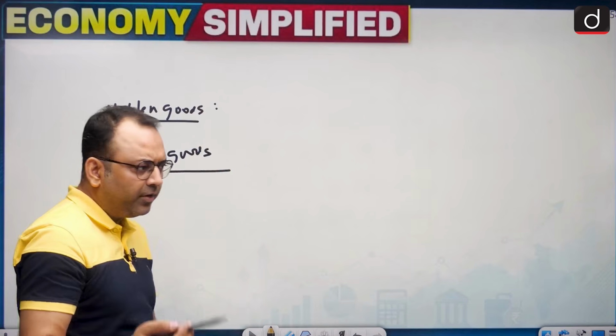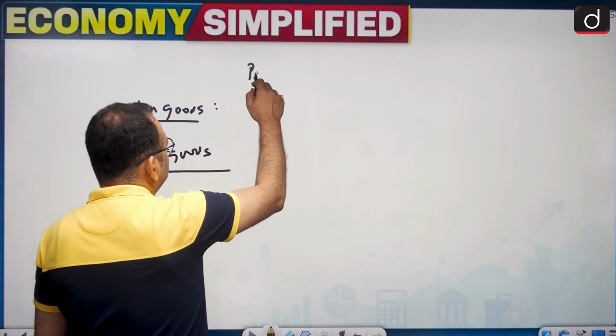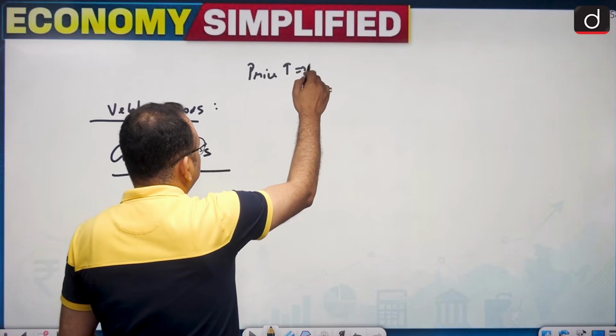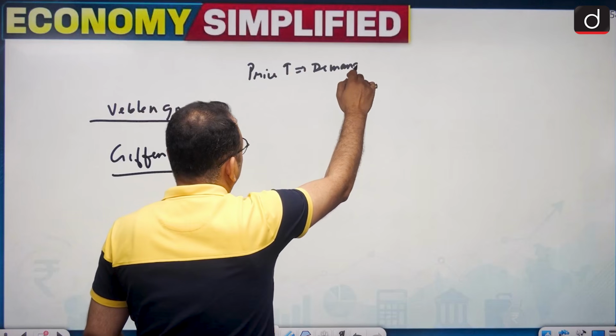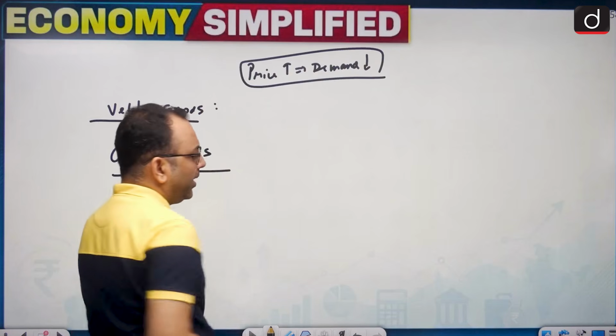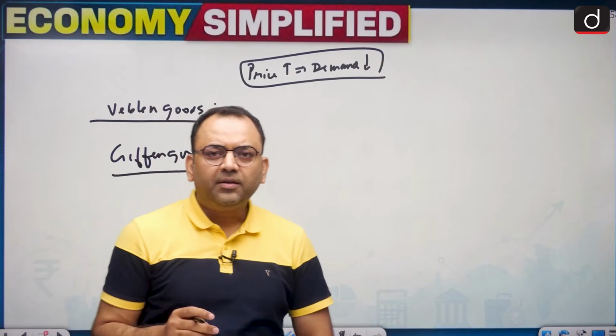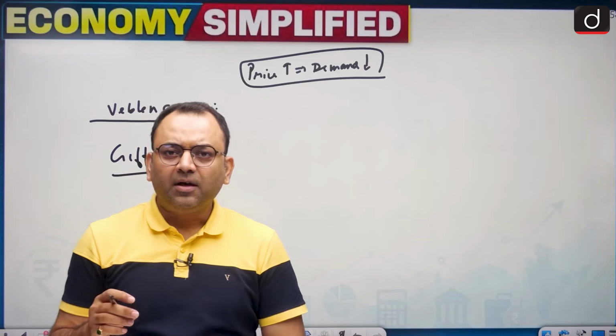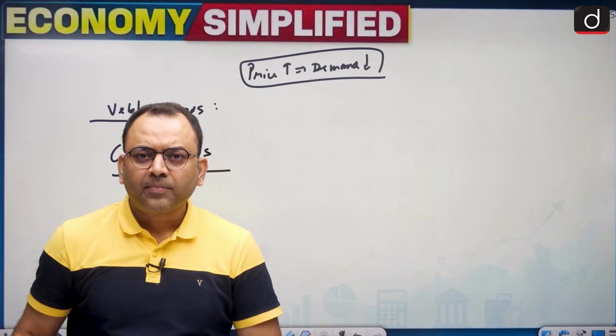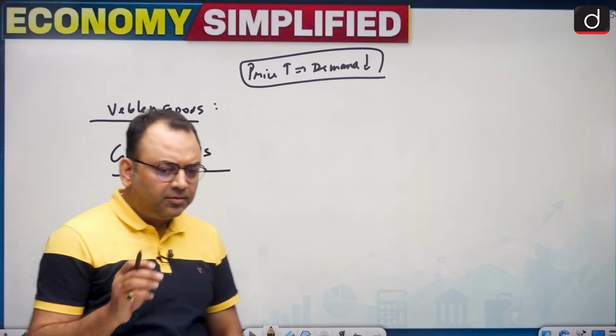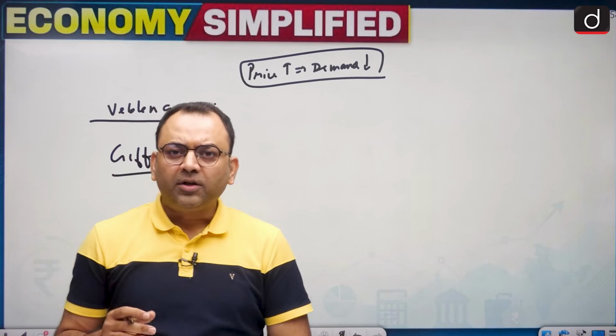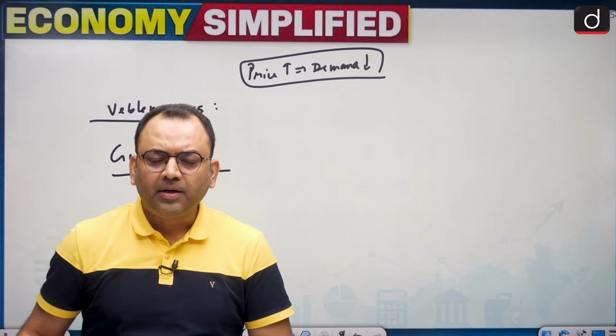What we saw in the law of demand, that when prices increase there is a fall in demand, is valid only when the good you are demanding is a necessity to you. Suppose you are consuming a good for show off, for luxury.